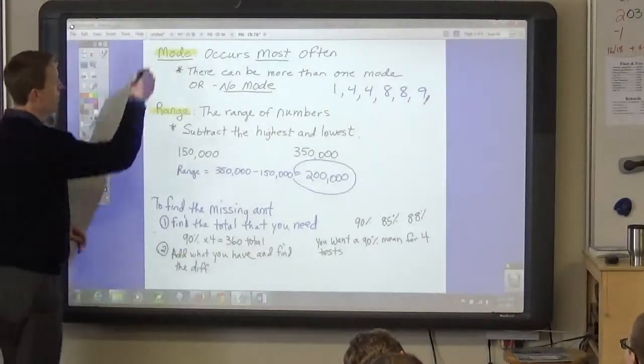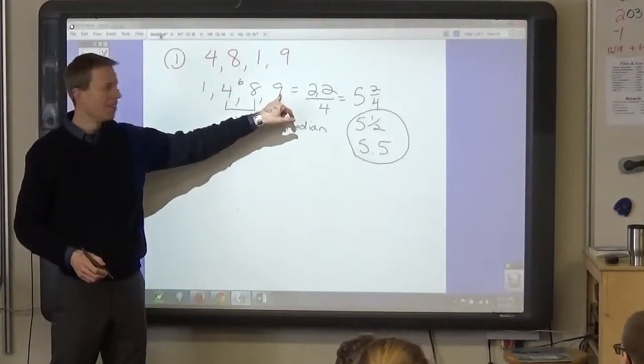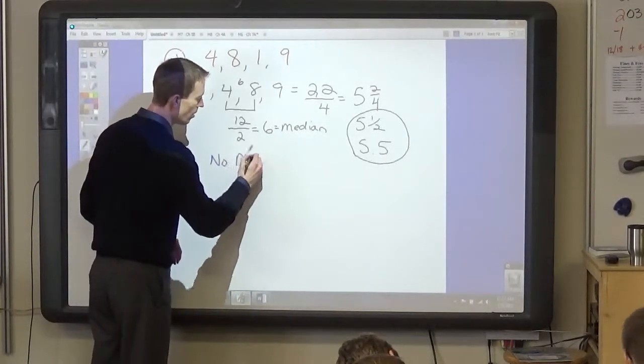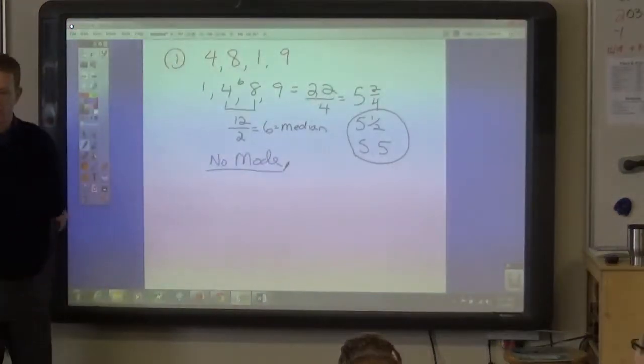Yeah, in the example that we did, they all occur only once. So in this case, there is no mode. And that's what you write: no mode.